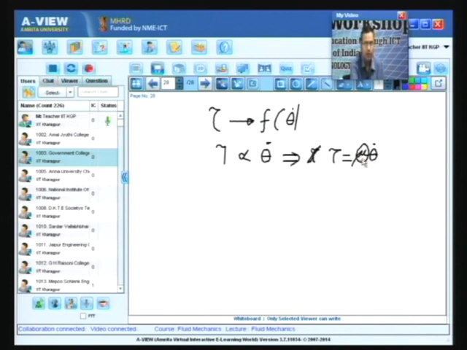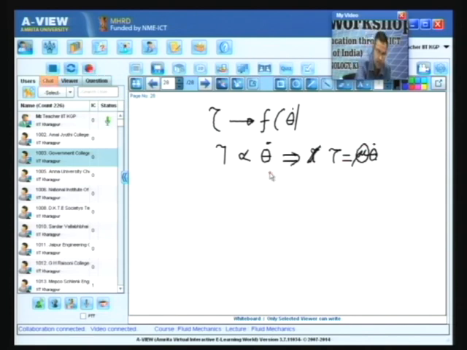The second concept is the dimension of viscosity. You can bring out the dimension of viscosity by dividing the dimension of tau by the dimension of theta dot. I will not work that out here because it is too trivial.